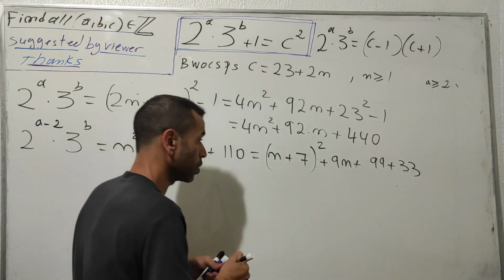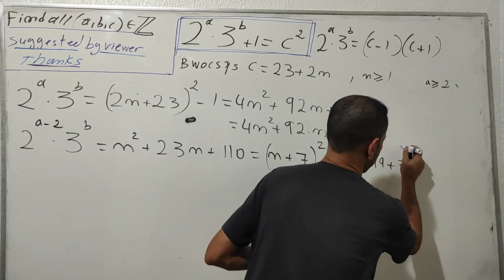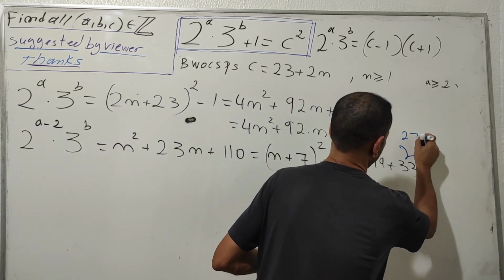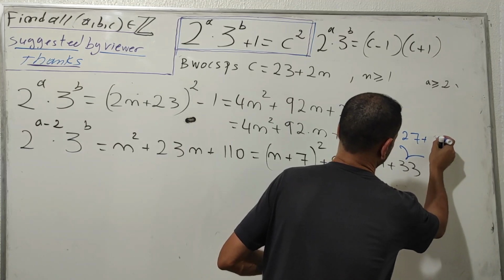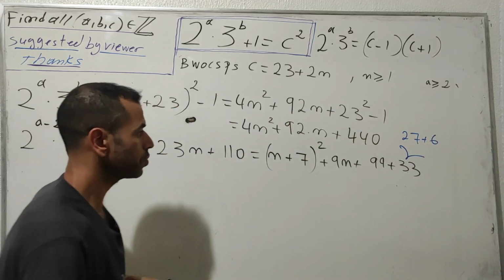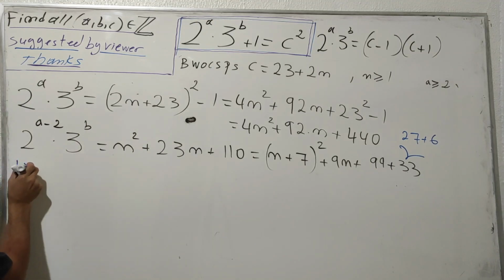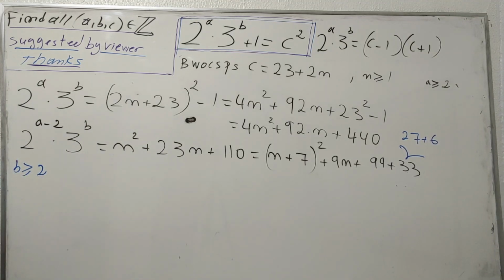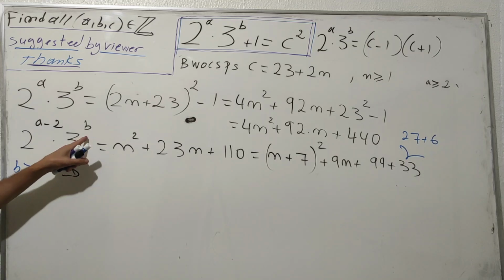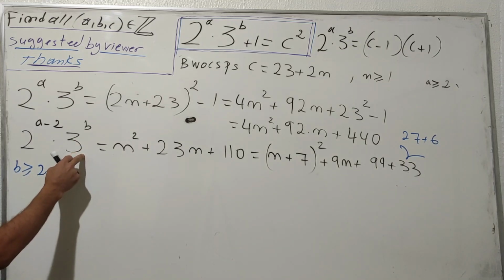Also 33 is the same as 27 plus 6. But keep in mind B must be greater than or equal to 2 here, so I will have the number 9 here at least.